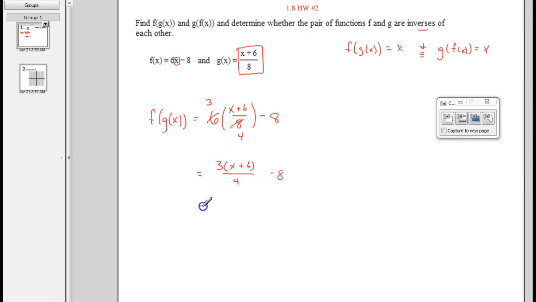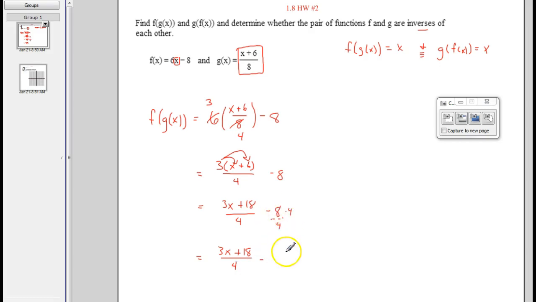3 times x is 3x. 3 times 6 is 18 over 4. And then to be able to combine this 8 with it, I need a common denominator of 4. So 3x plus 18 over 4. If I get a common denominator of 4 down here, I would need to multiply this by 4 also.